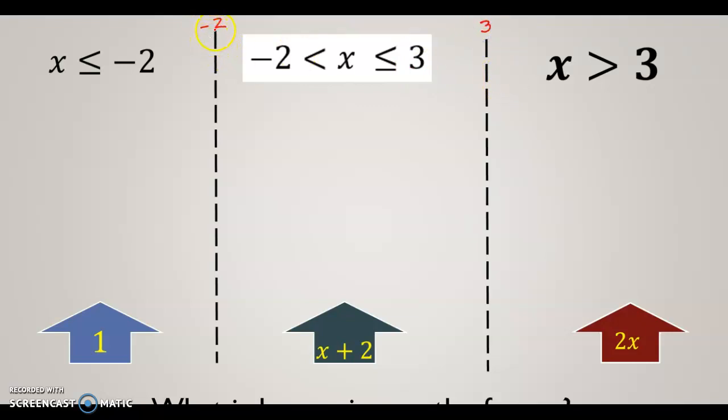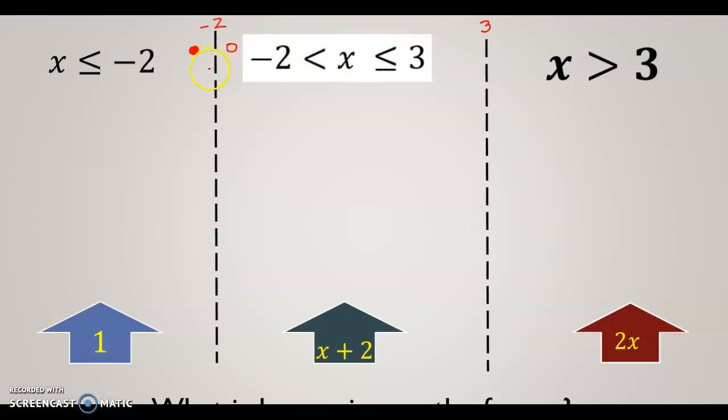Now on the fence, that -2 can go here, or it can go here. And it's back to where you were trying to determine if something was a function or not. When it falls on this side, it's got a line under it equal, and that means it's a closed circle. When it's on this side, there's no line under it, so it's an open circle.